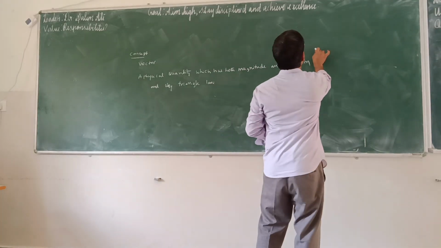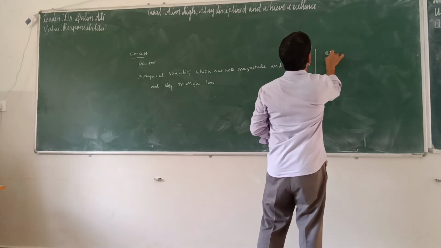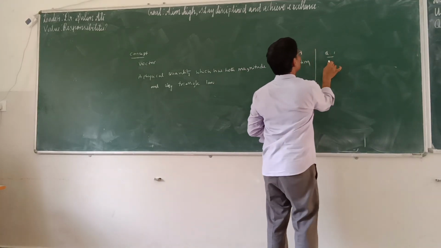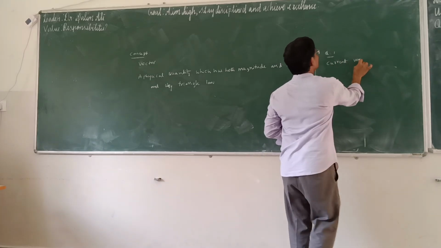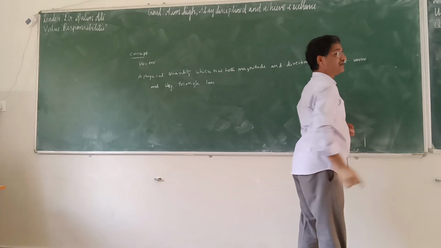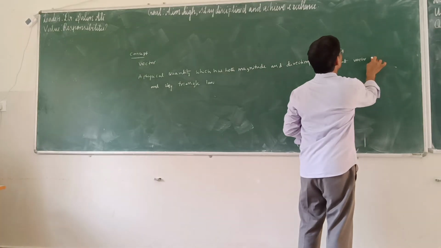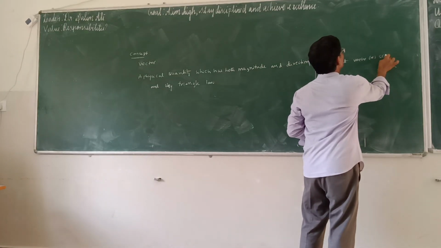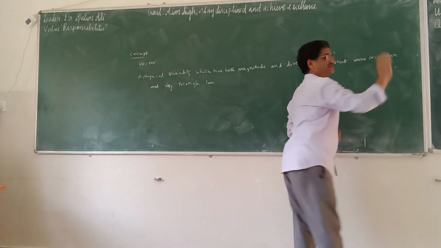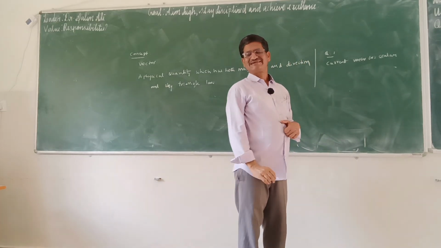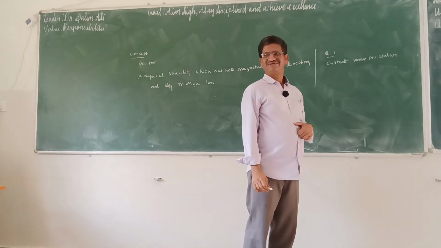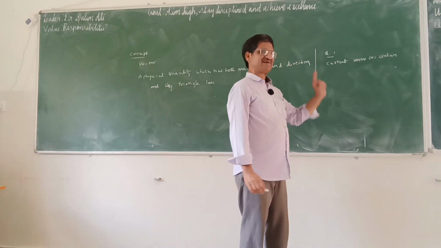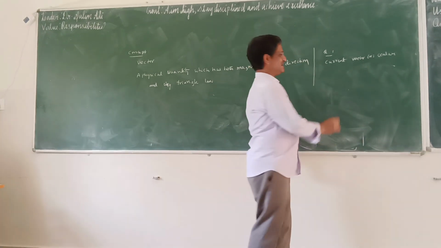Based on this, one theory question. Question number 1: electric current, vector or scalar? Explain. Is electric current scalar or vector? Why? Very good. It does not obey triangle law.